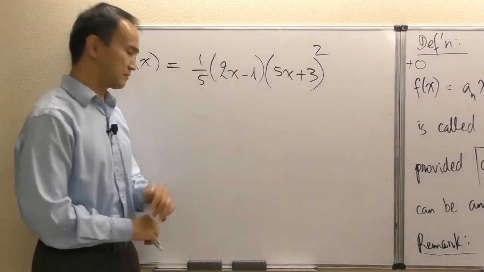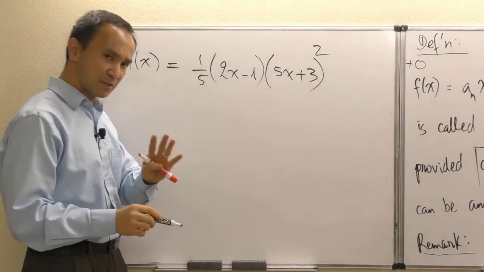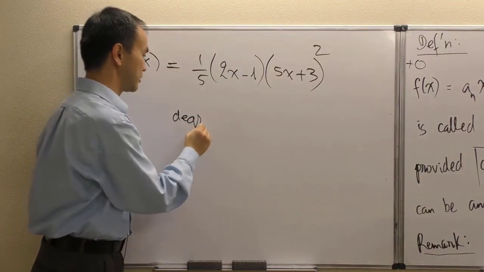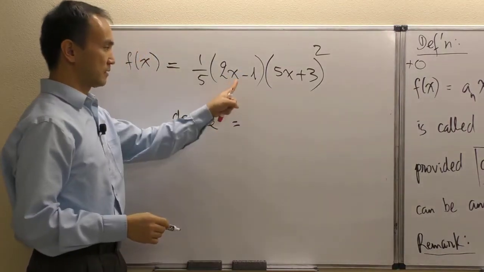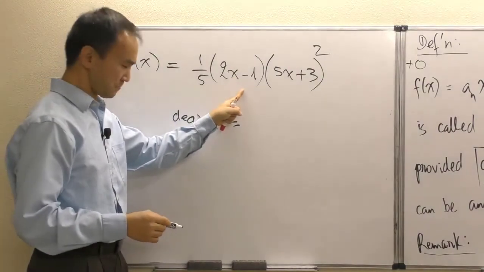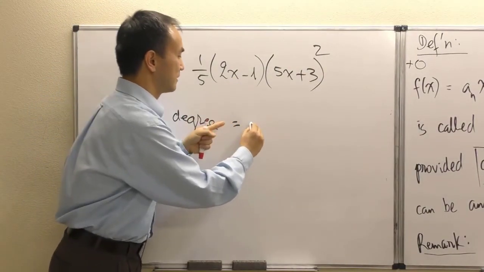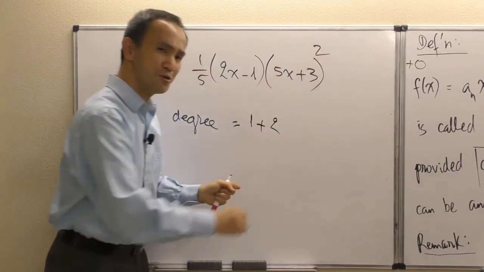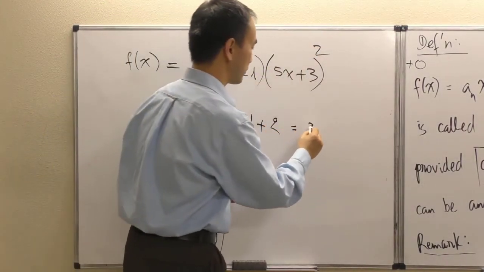With something like this, this overall polynomial has degree 1 for this linear expression, degree 1 here, but 2 times, so it's going to be plus 2. So the total degree here is 3.